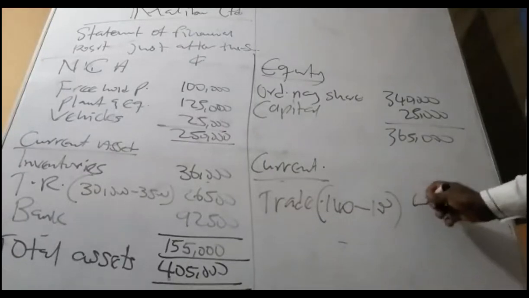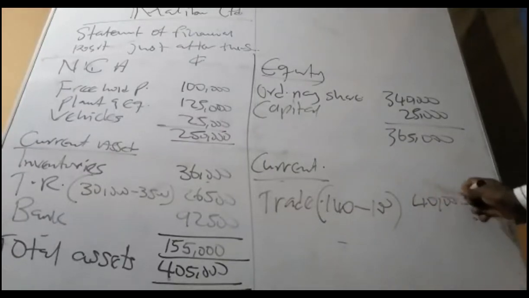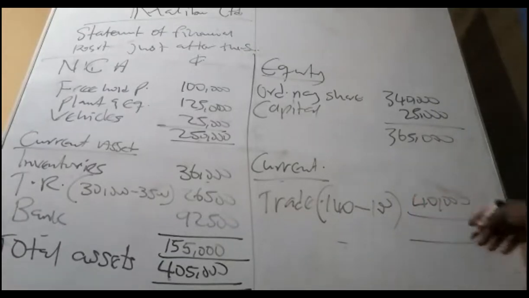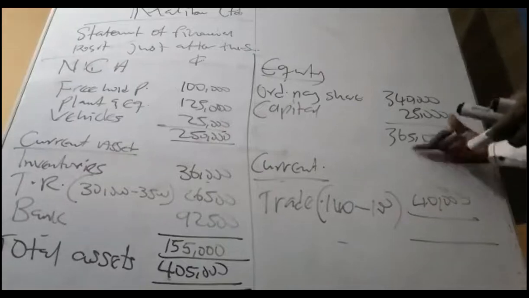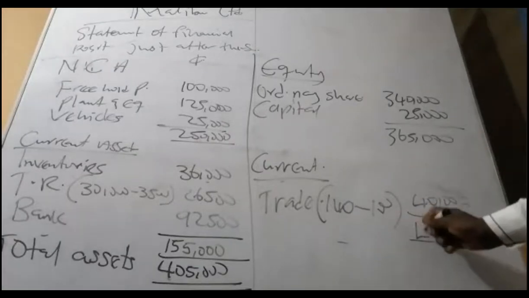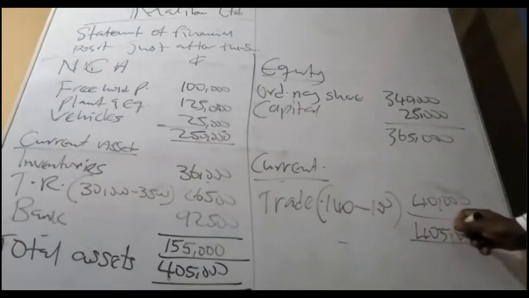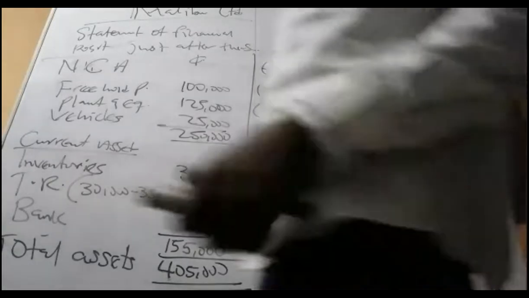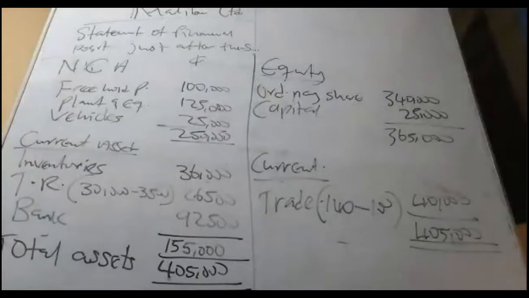That gives us 40,000. Putting all this together, this and this, that's 405,000. So we are done, and that's the end of the game.